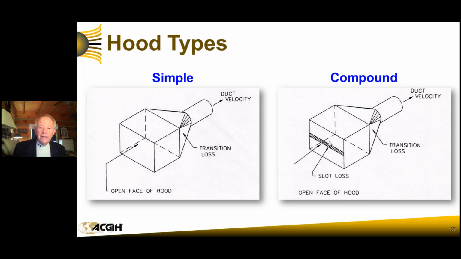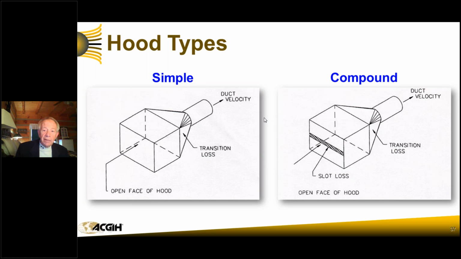Our open face of the hood is right here. In this case, the open face of the hood is what we would think. It is just an open-faced hood. This can be a paint spray booth. This can be that slot hood that we saw that was a receiver hood. It also has a transition loss. We look at the aerodynamic losses, something we'll talk about in a minute.